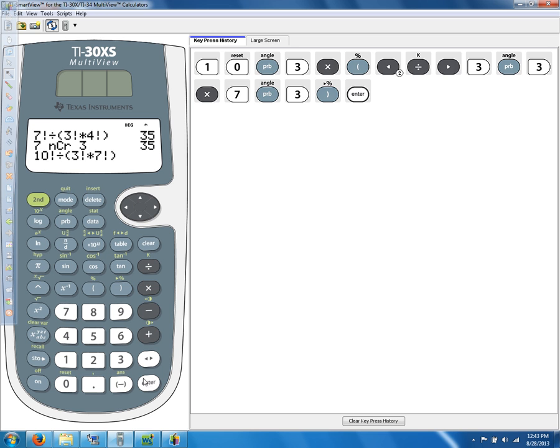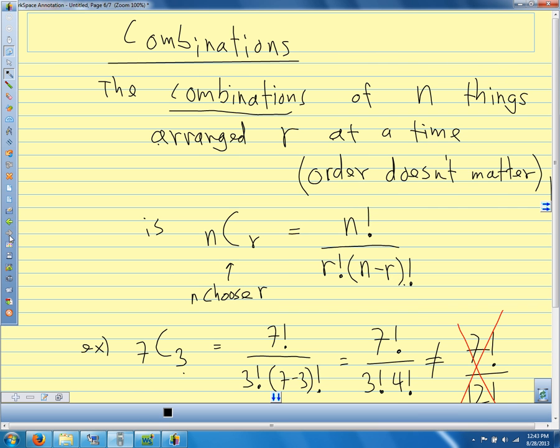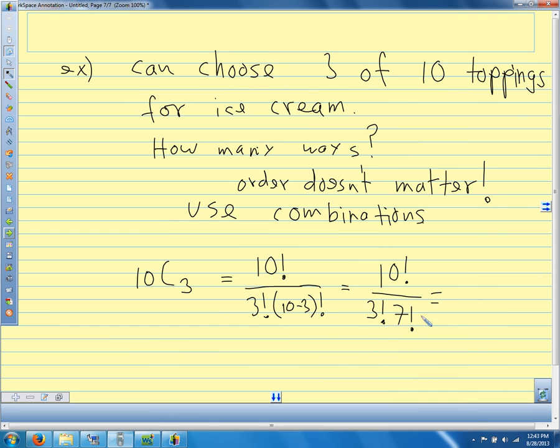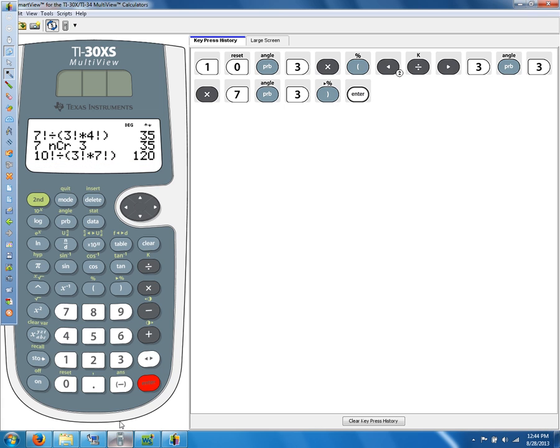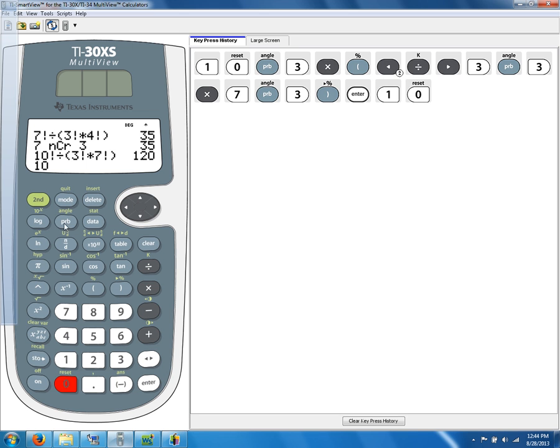Close the parentheses. And I get 120. And I can also, in my calculator, use the nCr button. So I could do 10, probability, nCr 3, and I get 120.